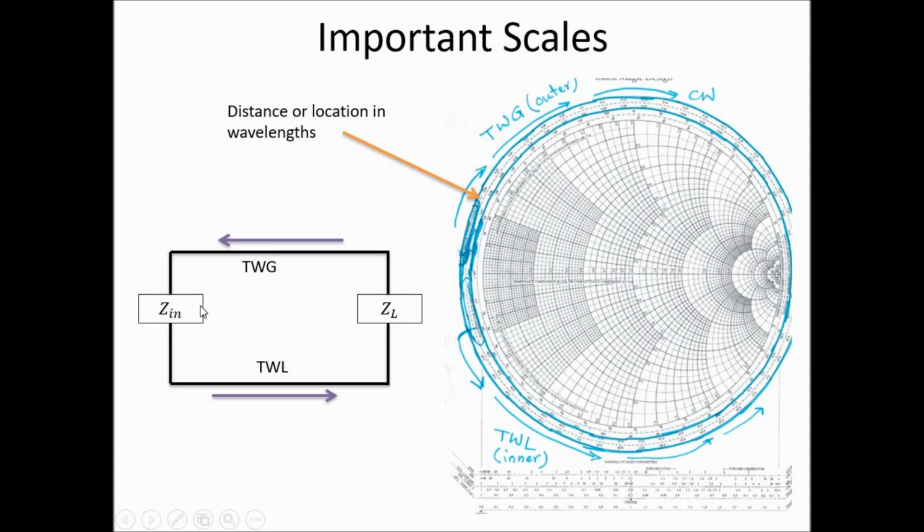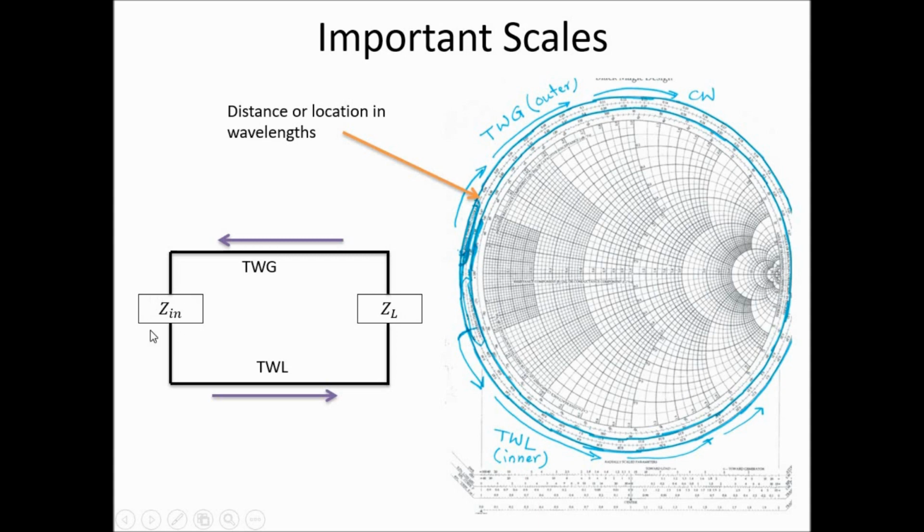But if you are working at Z in, let's say your Z in is here, and you want to find ZL, from Z in you have to move toward the load, this way, until you find ZL. So sometimes ZL will be given and you need to find Z in. If ZL is given, from this given point you have to move in the clockwise direction to get the input impedance.